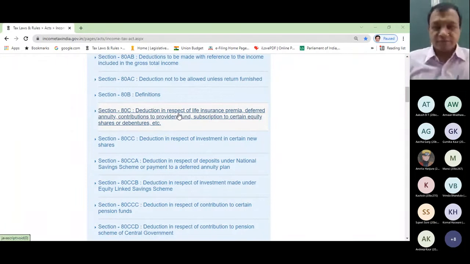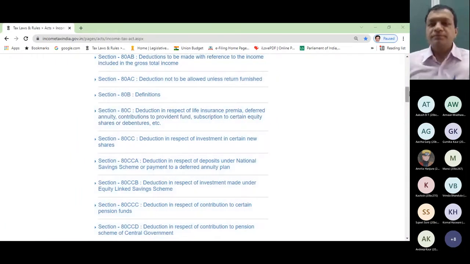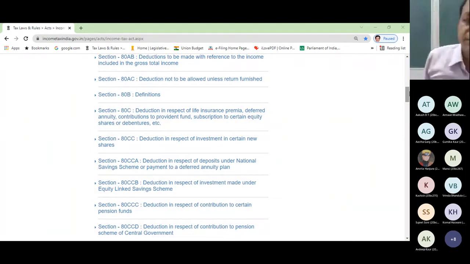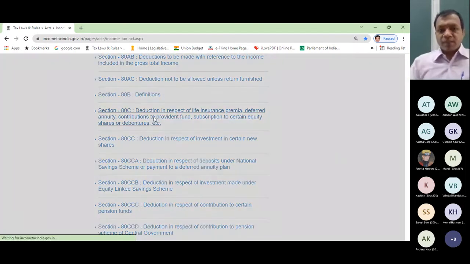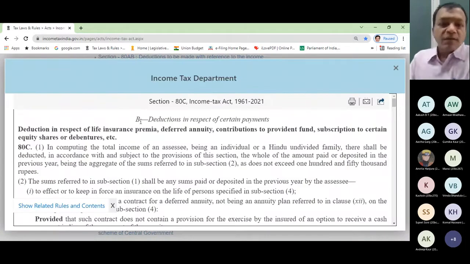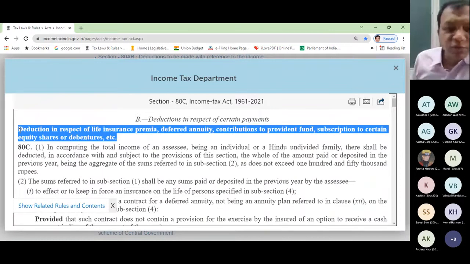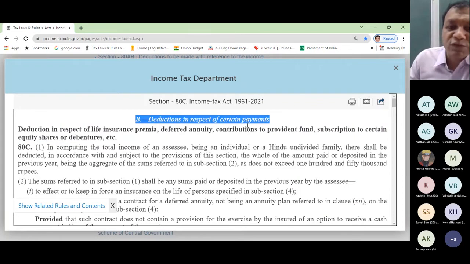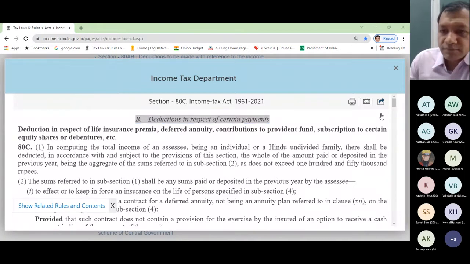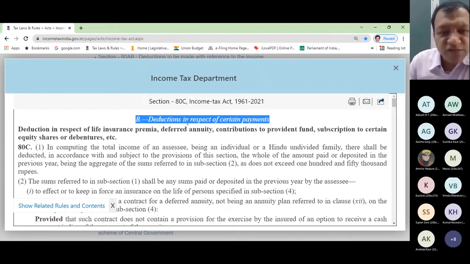If you see the heading of 80C, this is the heading: deduction in respect of life insurance premia, deferred annuity, contributions to provident funds, subscription to certain equity shares or debentures, etc. The heading is B, deductions in respect of certain payments.